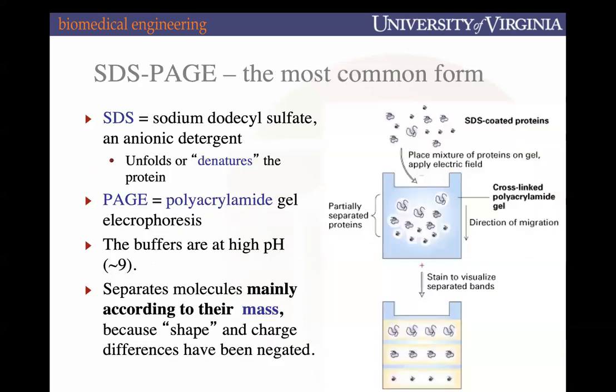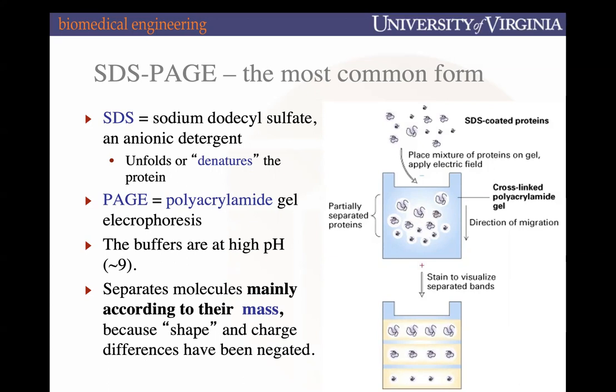One of the most common forms of gel electrophoresis is called SDS-PAGE. The SDS stands for sodium dodecyl sulfate. That's an anionic detergent. So what's really important here is that a lot of our proteins, based on the amino acid sequence of the hydrophobic regions and hydrophilic regions, are folded in a certain conformation.